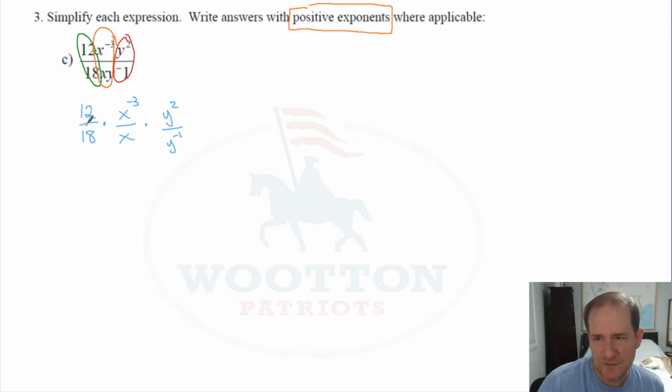So these guys are both divisible by 6. So if I factor out 6, then I get 2/3. And then here, you can think of this in a couple of ways, but probably the easiest way to do it is to remember that if you've got the same base to a power divided by the same base to a power, then you just keep the base and subtract the powers. That's the rule there.